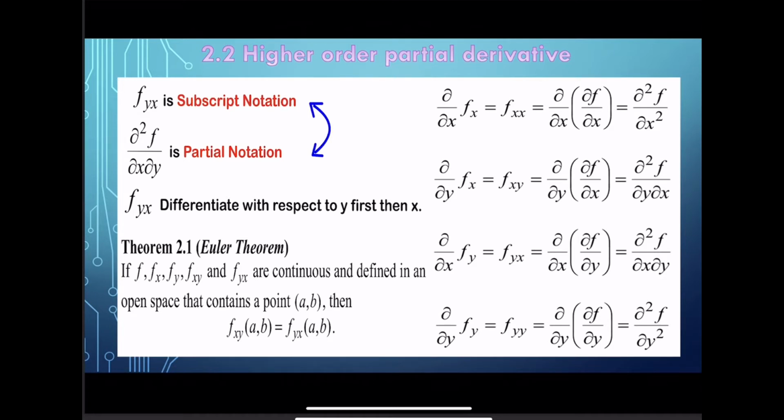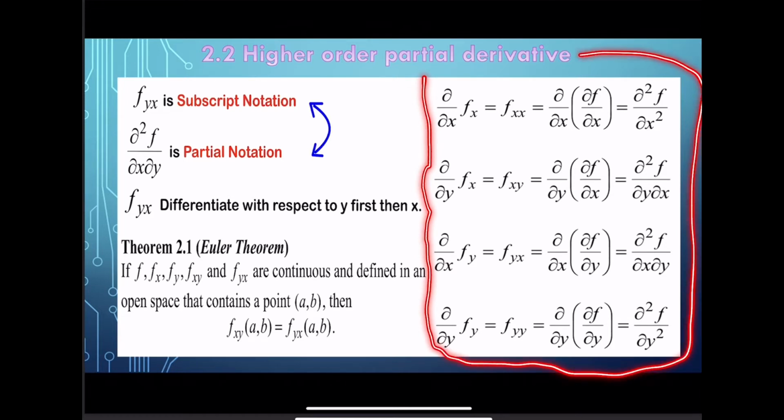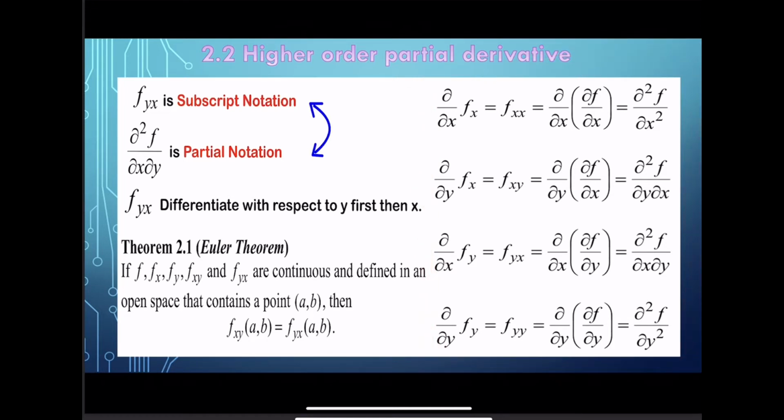The technique is, when the first one is y and the second one is x, it means we differentiate with respect to y first, then only proceed to x. Here we can see there is an example and we will show it in the next page.